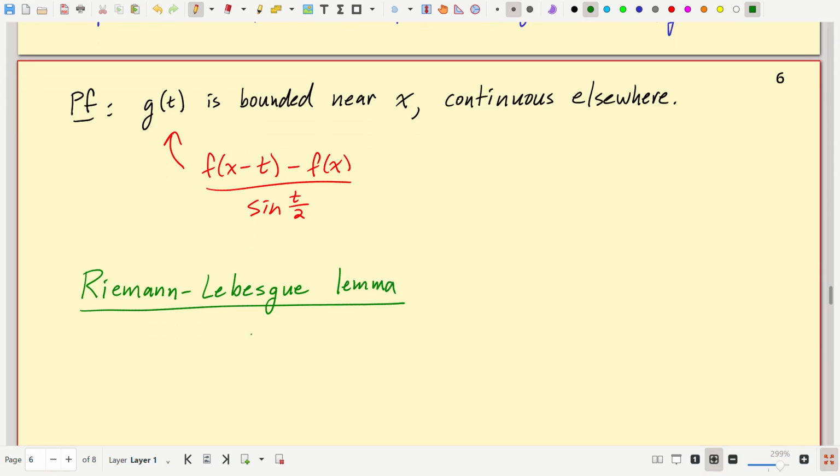So the Riemann version: if f is Riemann integrable, then the Fourier coefficients go to 0.